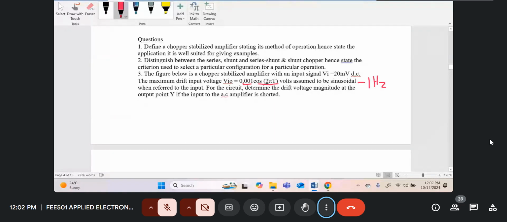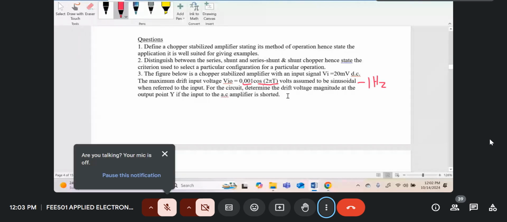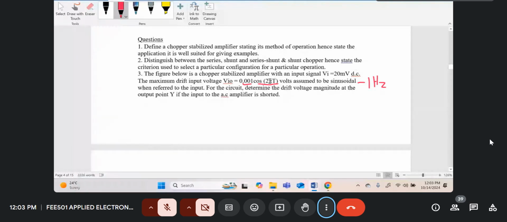So this should have been written as omega t. Omega is 2 pi f. So 2 pi f means instead of f over here in this bracket, f is 1, or 1 hertz.